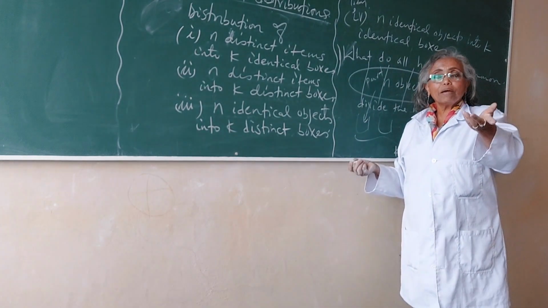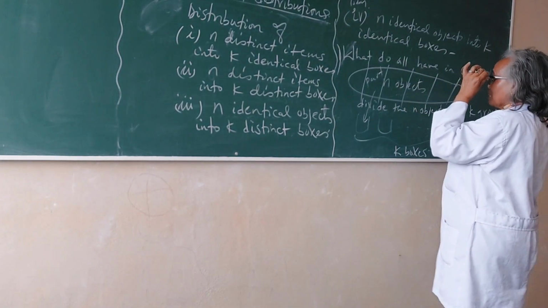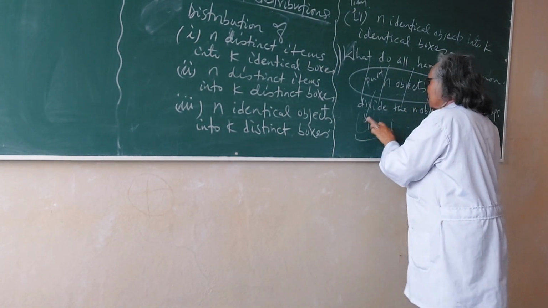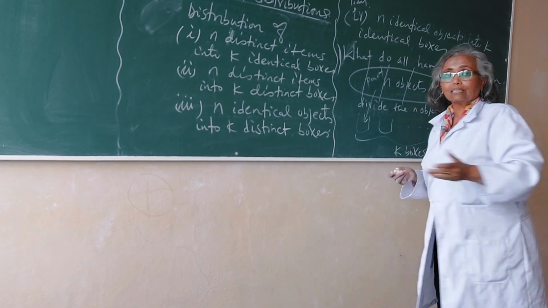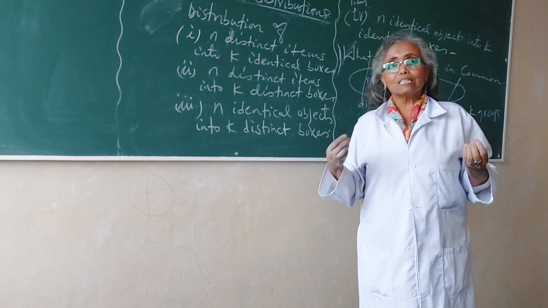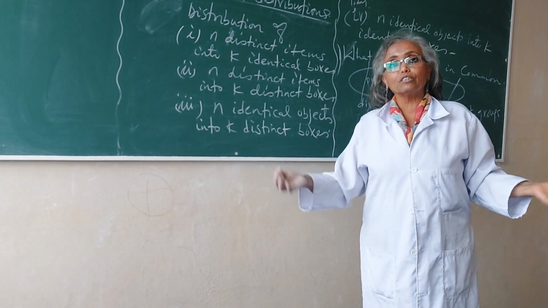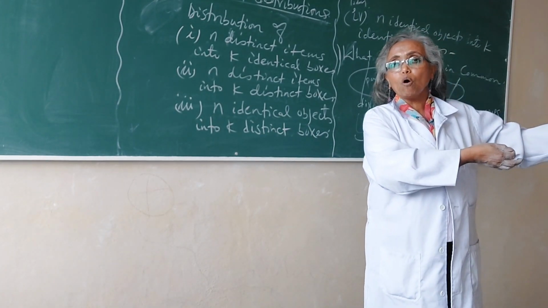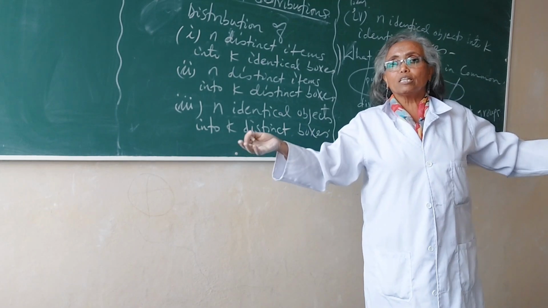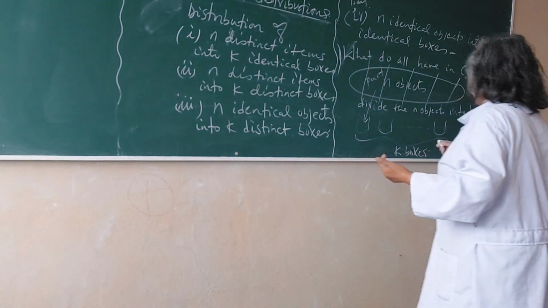So, what makes one distribution different from the other is basically the sizes of the k boxes. The sizes of the k boxes put together should be different from other sizes of the k boxes to make those two distributions different. Okay?